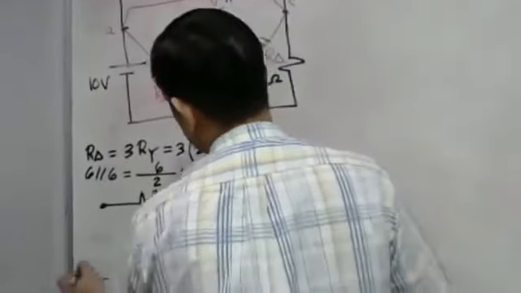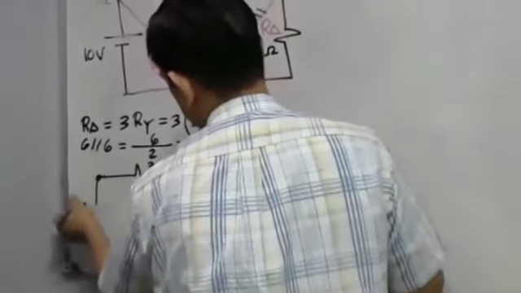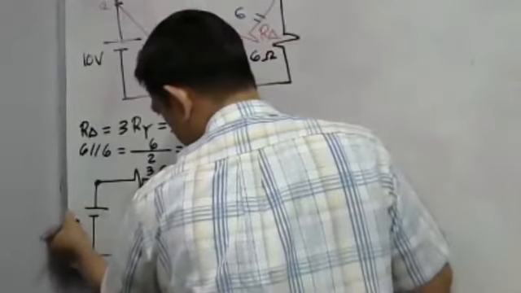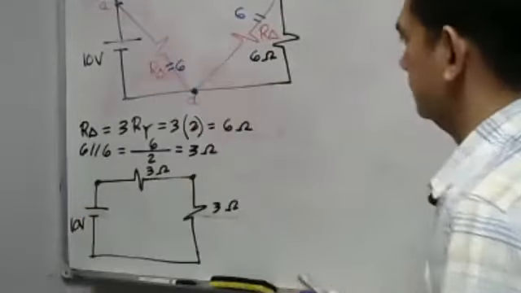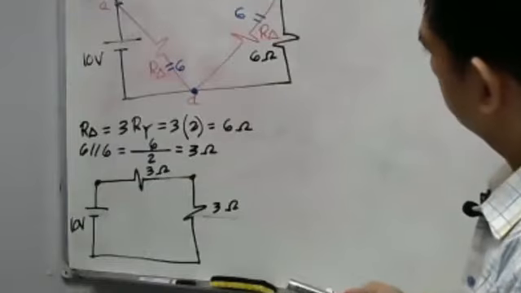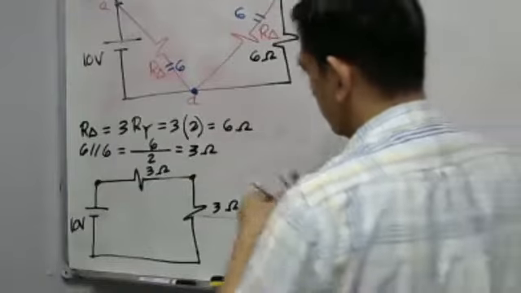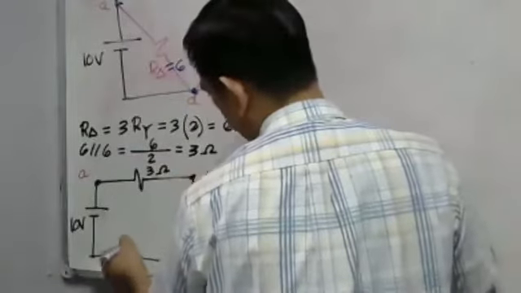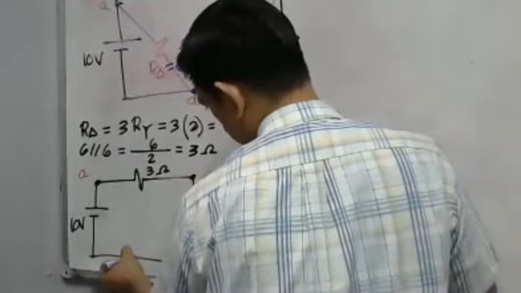Take a look here, guys. This is our 10 volts. Remember, this is node A, node C, and node D.